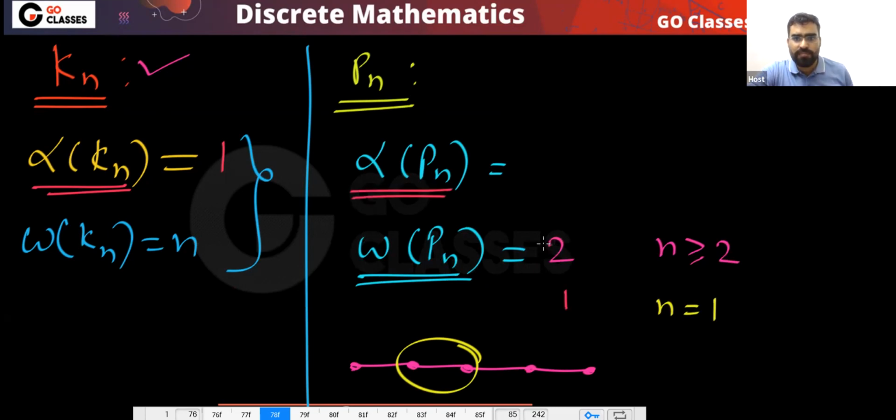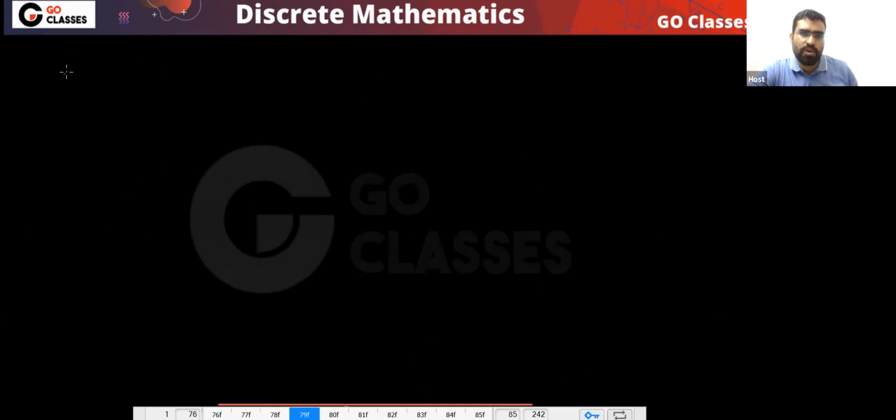What about alpha? For example, in this graph, the alpha is 3. If you have this, alpha is 1. And if you have this, alpha will be 2. If you have 4, then alpha will be 2.